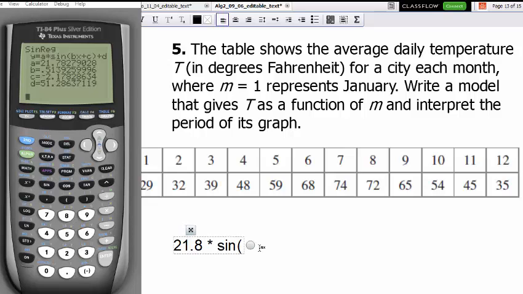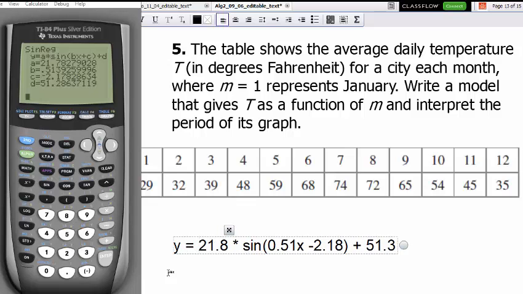Starting parentheses, B is 0.51, x minus 2.18, close, plus 51.3. And there we have, I guess I should have put y equals, our full equation. And if we were asked to find something at February 1st, March 16th, whichever, we could use the equation, plug in our information, and find that.